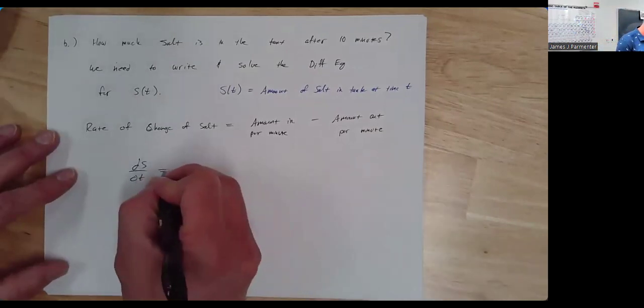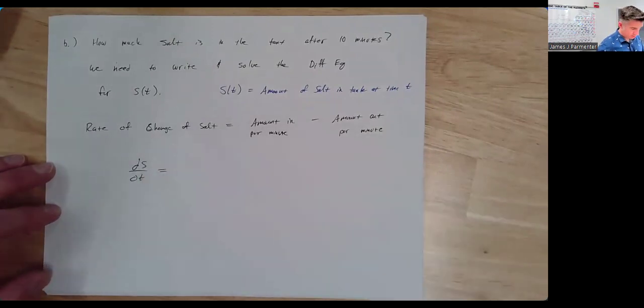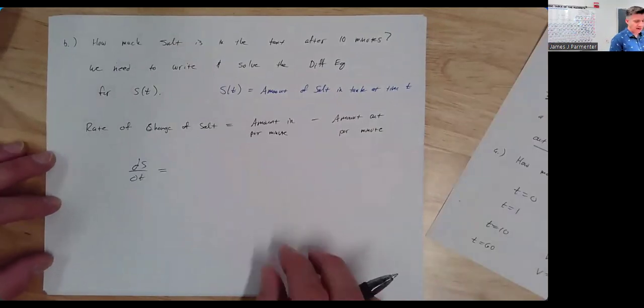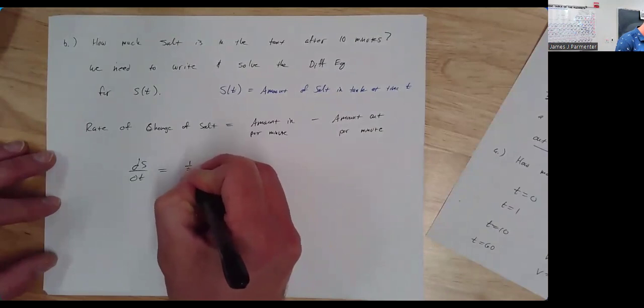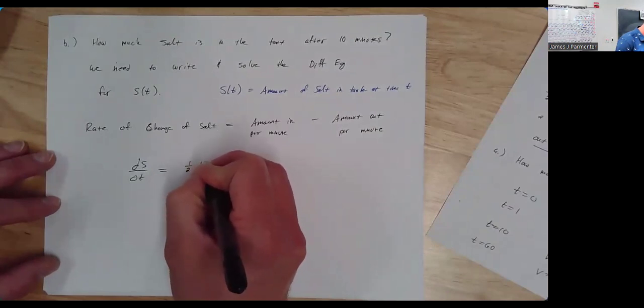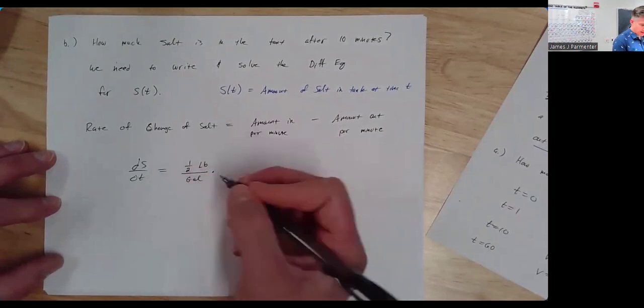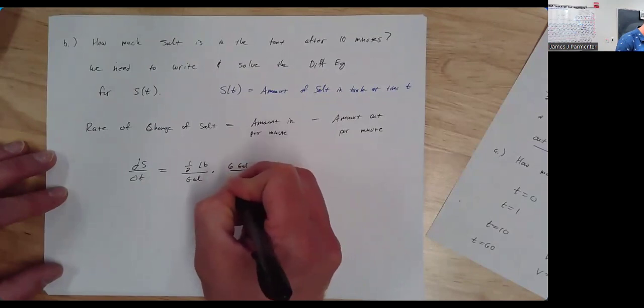And the amount in, well, how much salt are we putting in? We go back and read the question. We're putting in a mixture containing ½ pound of salt per gallon. So a ½ pound of salt per gallon. And we're putting it in at a rate of 6 gallons per minute.